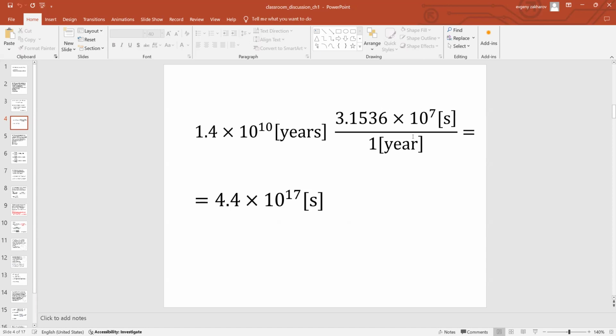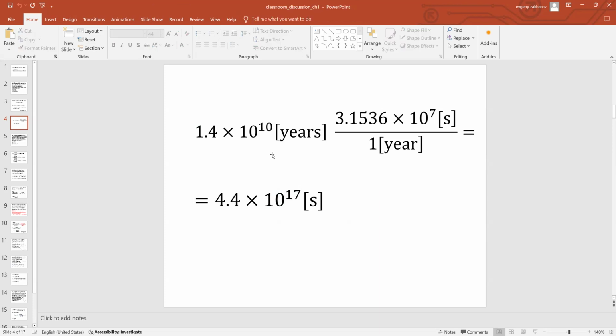So 10 plus 7 gives you 17. Be careful, it's different from 10 to the power of 10 to the power of 7. If it's power to the power, you multiply the exponents. Well, that's basic algebra. But here it's 10 to the power of 10 times 10 to the power of 7, so instead of multiplying the powers, you add them up.